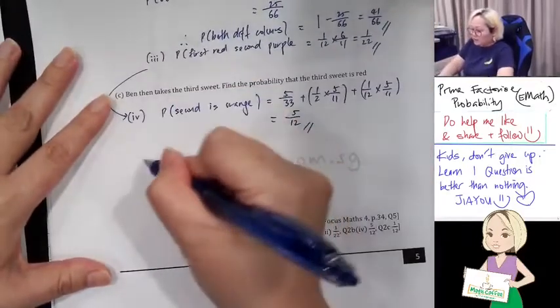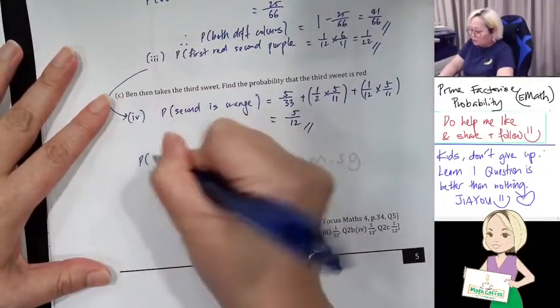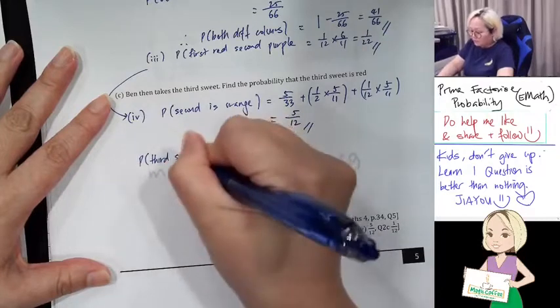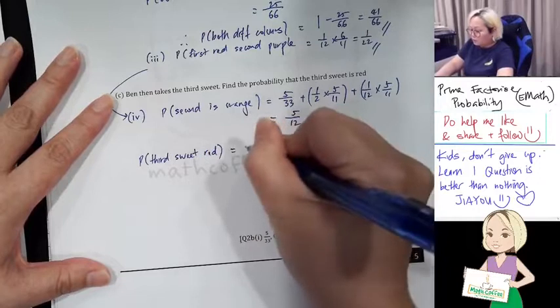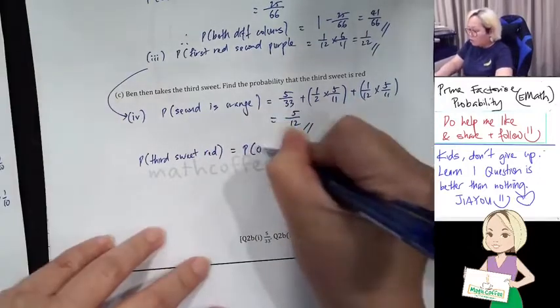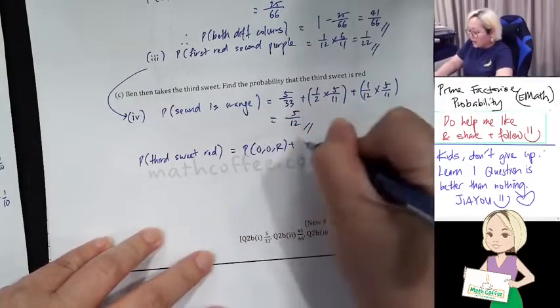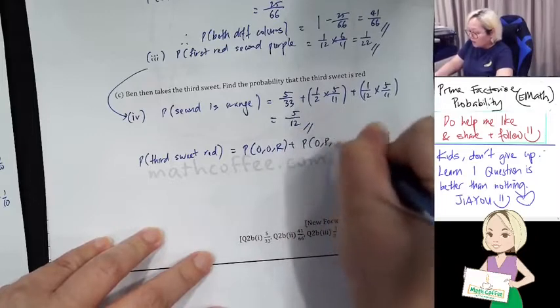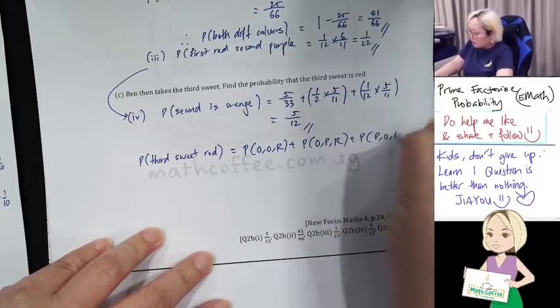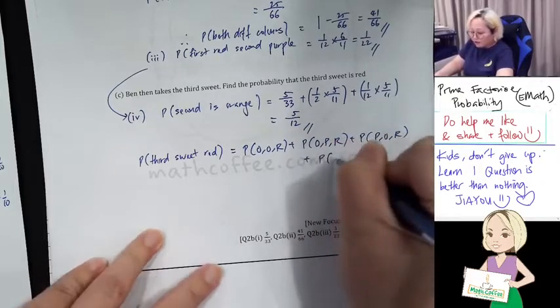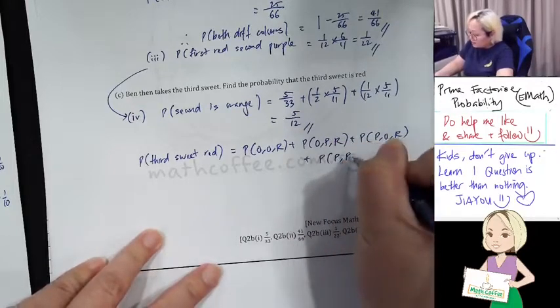So over here, the probability of the third sweet being red is equal to probability of OOR plus probability of OPR plus probability of POR plus probability of PPR.